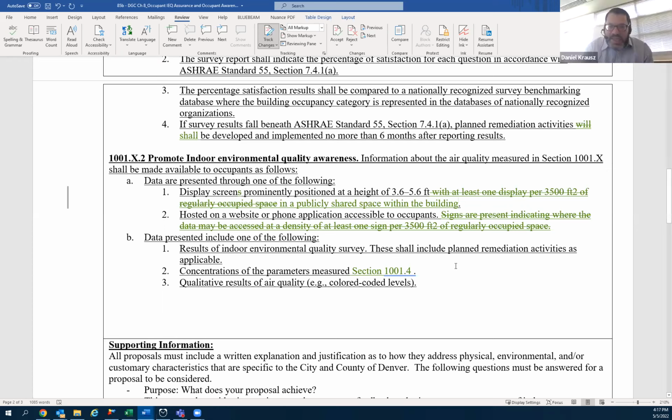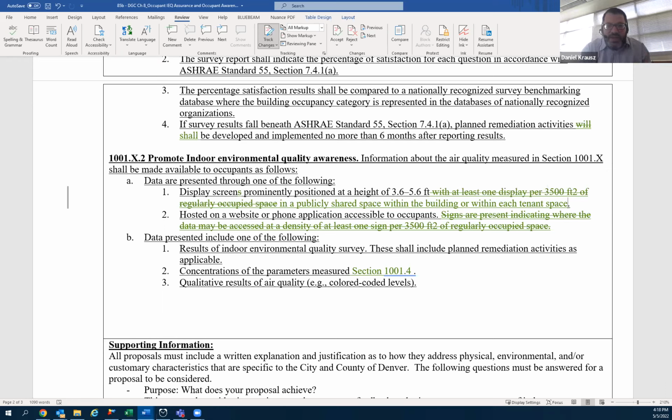I appreciate that. I think even the 3,500 square foot didn't necessarily require that every tenant space in the building have its own display screen, so I wouldn't want to do more than that. Let me know, Eric, what you think about doing publicly shared space within the building or within each tenant space. So that if there isn't a publicly shared space, I mean, it already says prominently positioned.